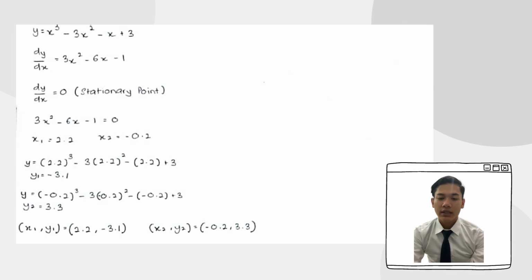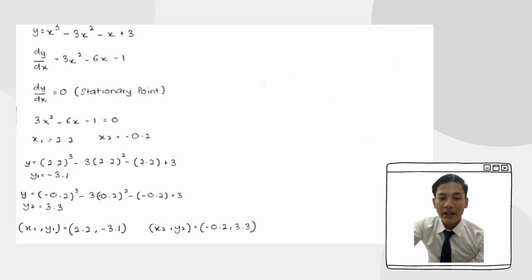How do we get the answer for y? You must refer to the first question, y equals x^3 minus 3x^2 minus x plus 3. You must change x to x1, which is 2.2.